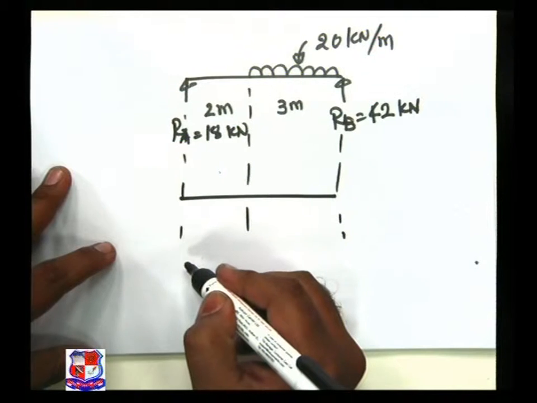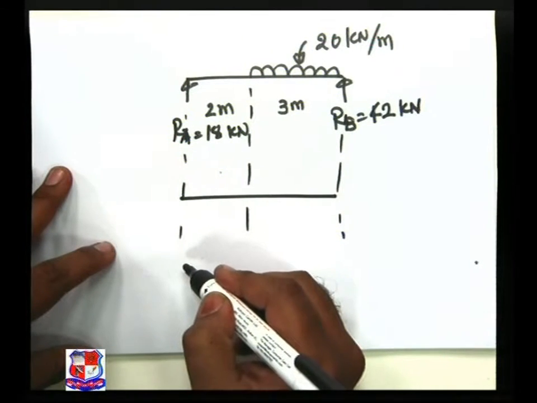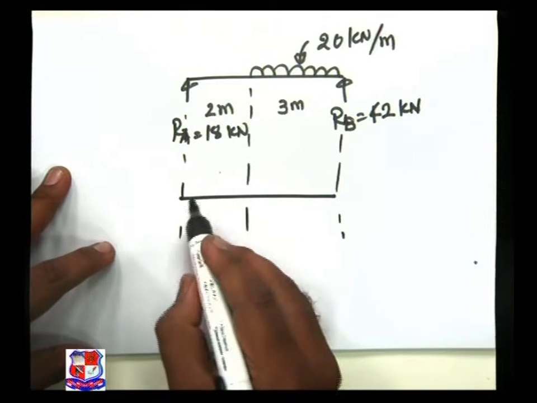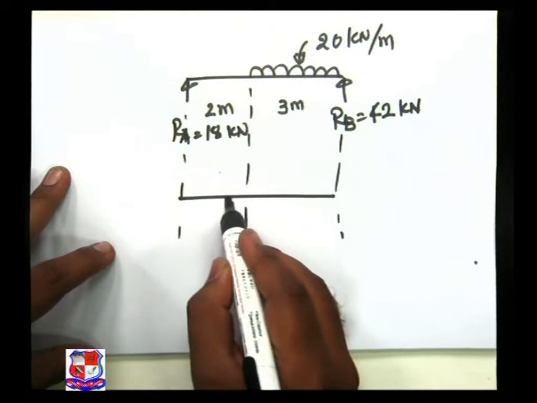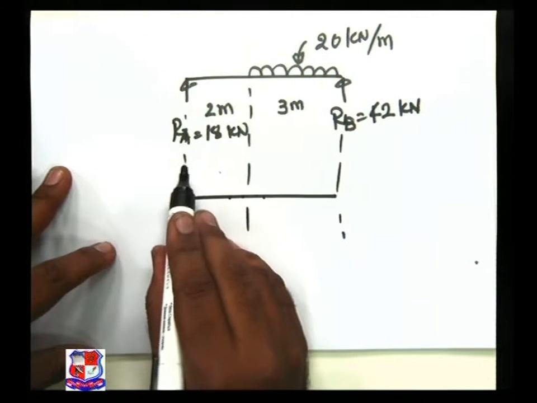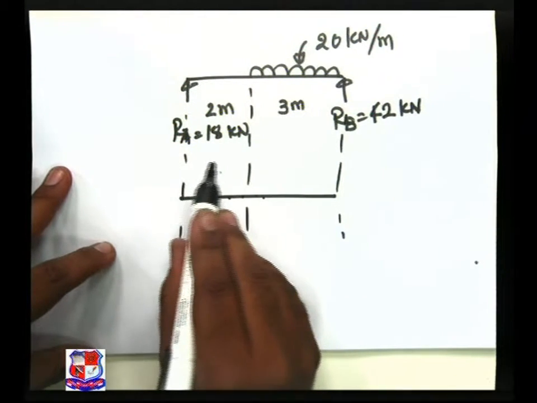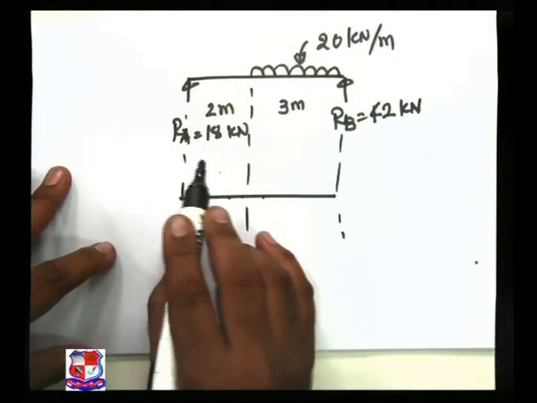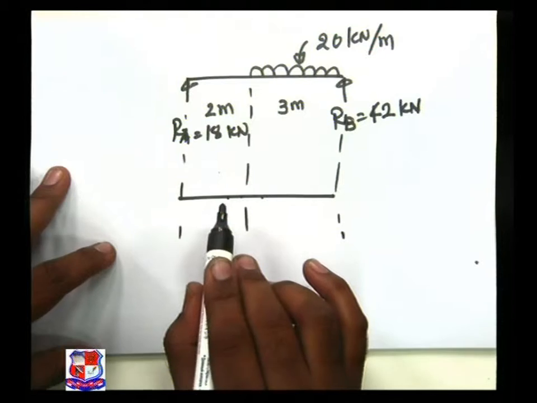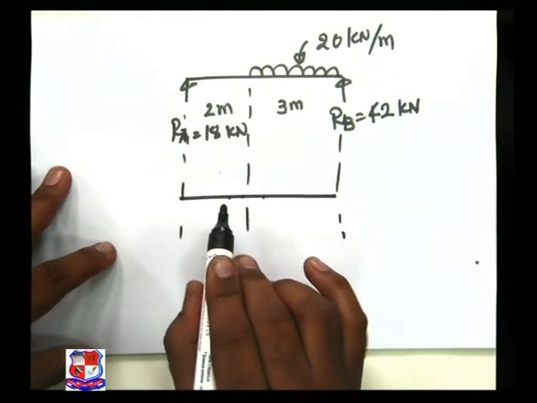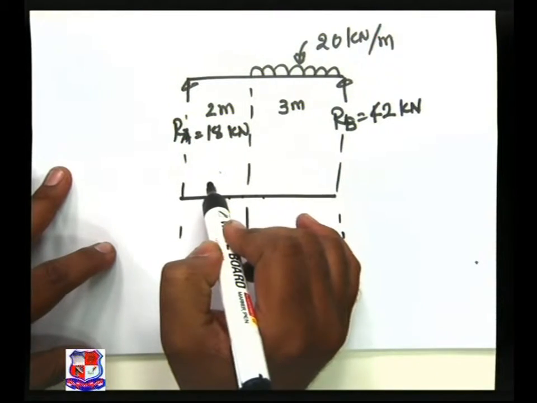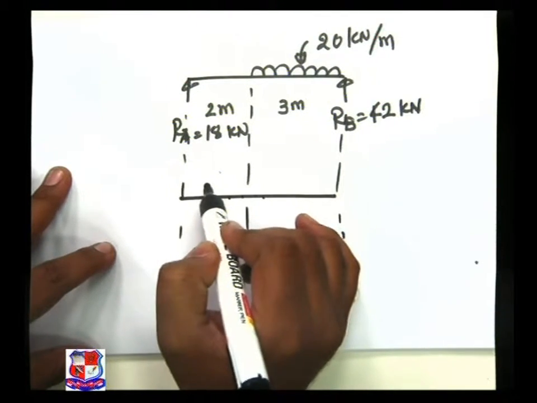Now, step number 1. I have to find out the shear force at each and every point. I have to plot the ordinate and join those ordinates, and that diagram gives me the shear force diagram. So now, first point, reaction itself gives me the shear force at that particular joint.